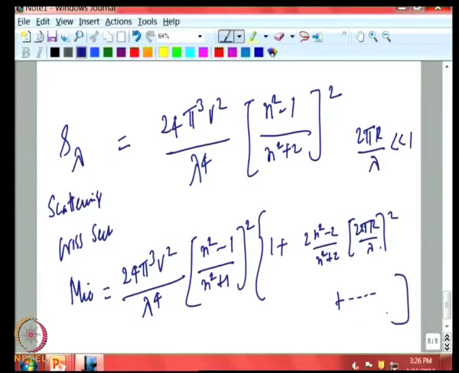So, the way to remember the scattering problem is that the general expression for scattering for any size parameter is rather long and tedious and involves summing over many terms in the Mie scattering equation. But if you are lucky and 2 pi by lambda times the particle size is much less than 1, then you get the leading term, which is the Rayleigh scattering.